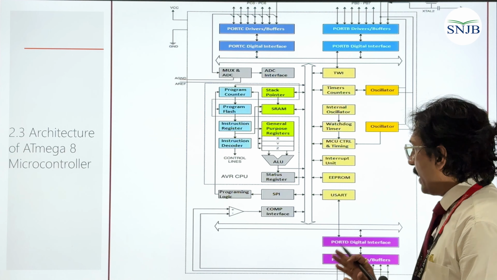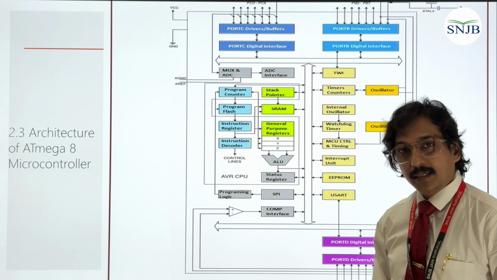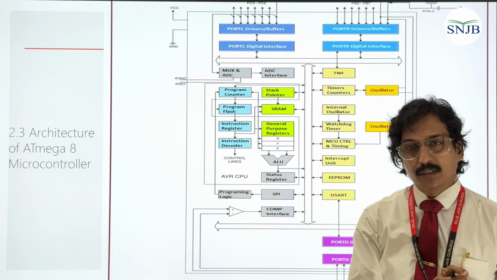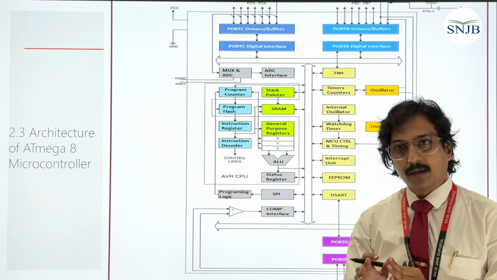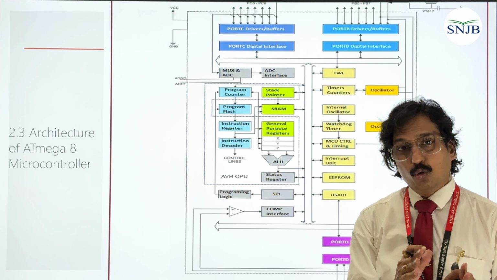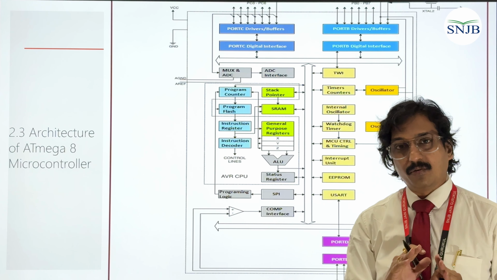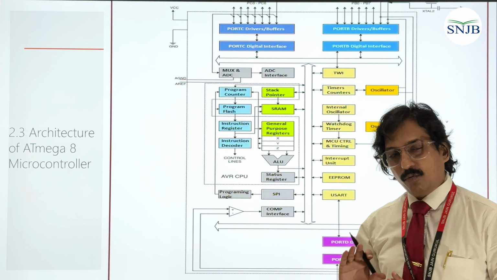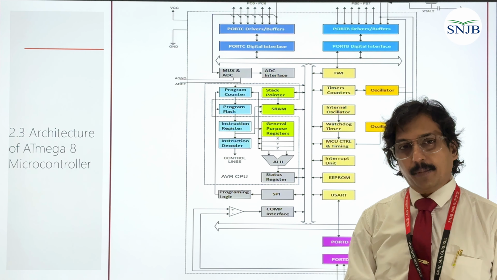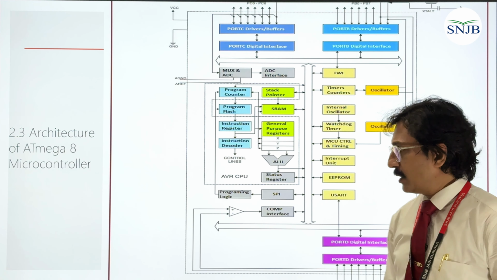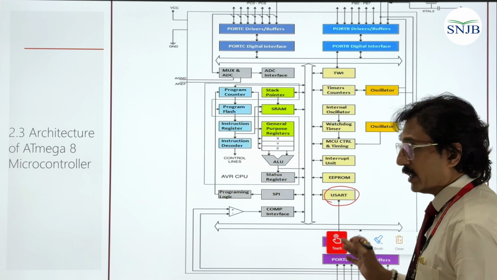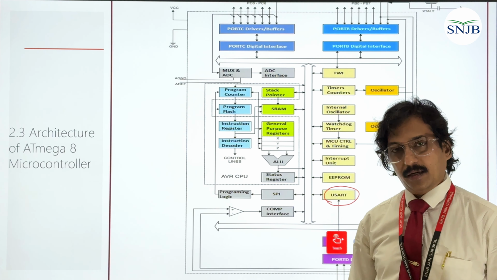SPI is the serial peripheral interface. Devices like analog to digital converters, digital to analog converters and memories, if they have a serial interface, we can connect them to this microcontroller and write a program to control them. All the buses, whether SPI or USART, are related to peripherals.